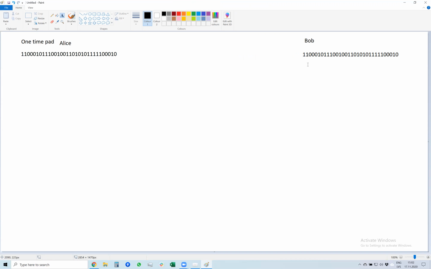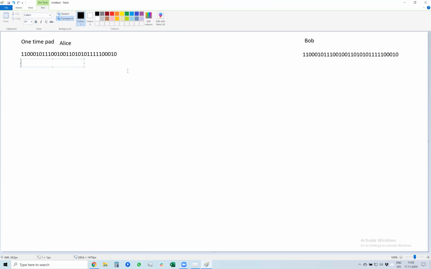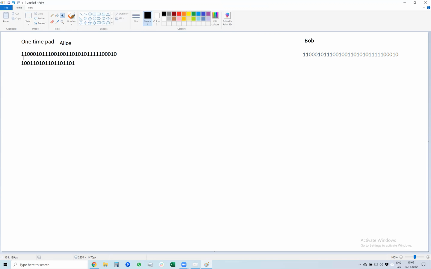Bob receives it. And now when Alice wants to send some messages, she can create her secret message. For example, her message is like this. So it means that she has used some part of her one-time pad, and then what she does is she XORs these numbers.